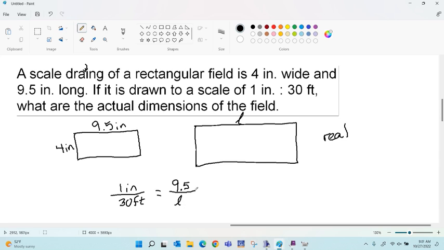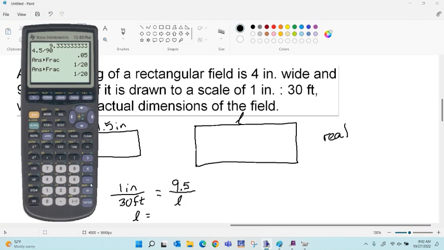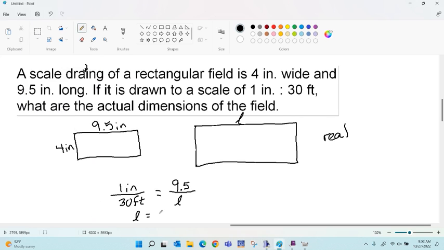So we can cross multiply. 1L equals 9.5 times 30. So 285. That tells me that the length of this field is 285 feet. So the real one would be 285 feet.